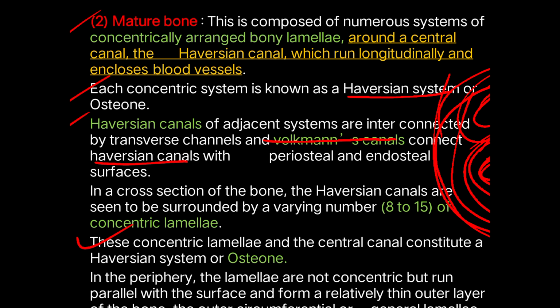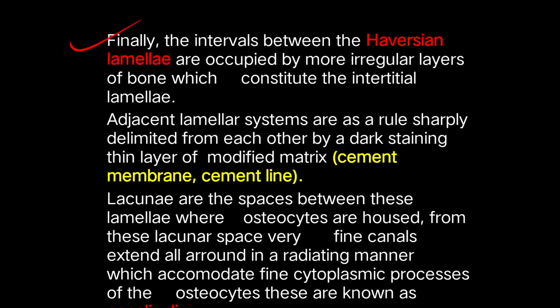And we can say that it forms a relatively thin outer layer at the outer surface. Now finally, the intervals between the Haversian lamellae are occupied by a more irregular layer of bone which constitutes the interstitial lamellae. We will see in the photograph. Adjacent lamellar systems are as a rule sharply delimited from each other by a dark staining, thin layer of modified matrix, that is cement membrane or cement line.